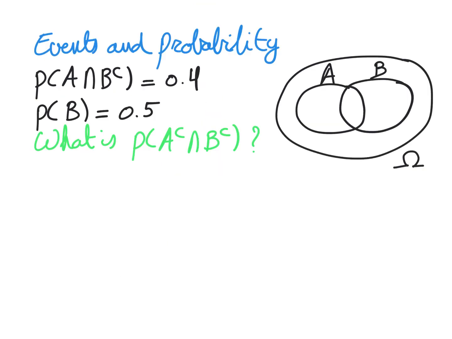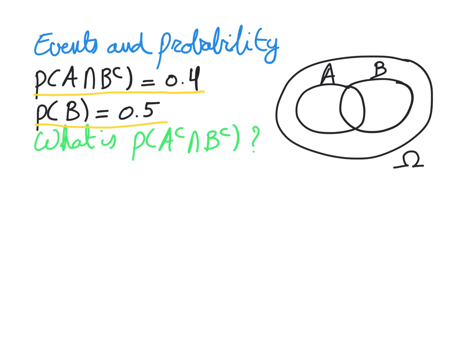Let's take a look at one more example, and here it will be convenient to use a Venn diagram. Again, two events, A and B, and what do we know about these events? Well, first of all, we know that A intersection B complement has a probability of 0.4, and we also know that B has a probability of 0.5.